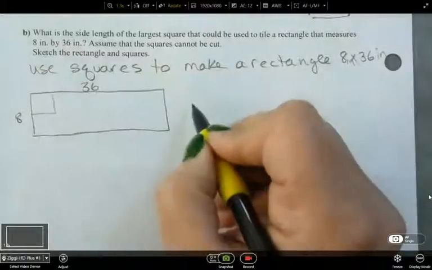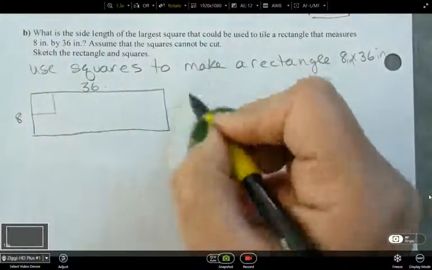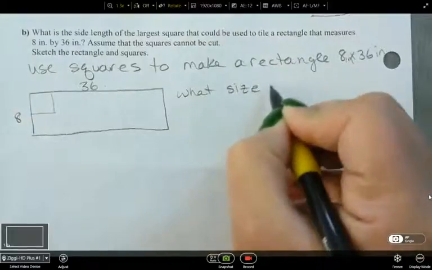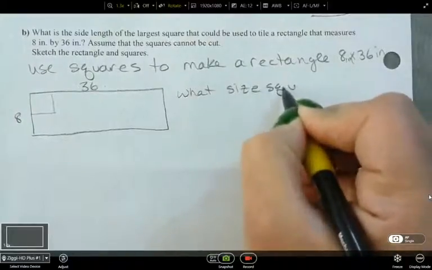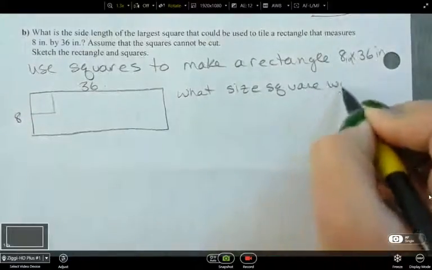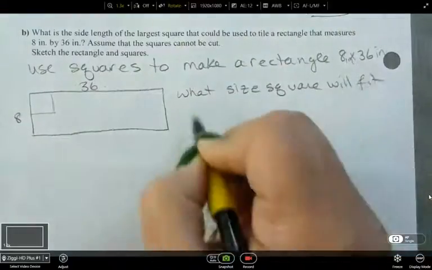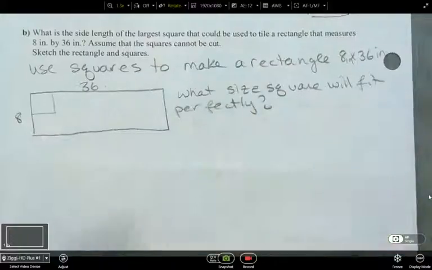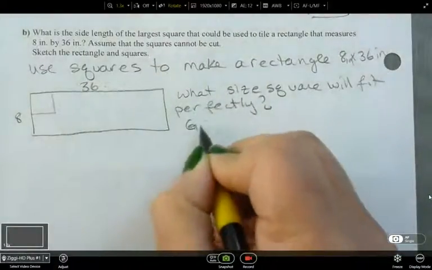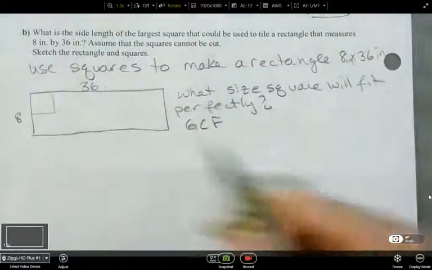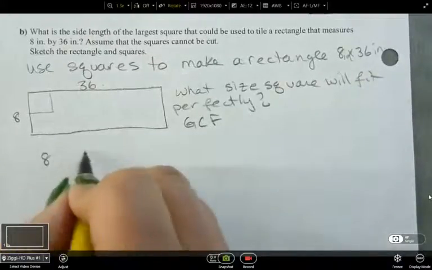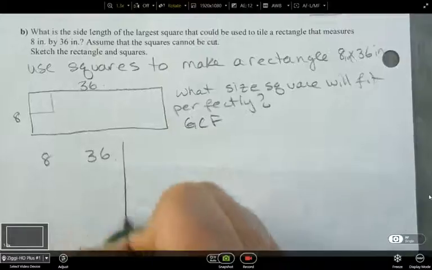So this concept is, what size square will fit perfectly? So this is the greatest common factor. So what's the GCF of 8 and 36?